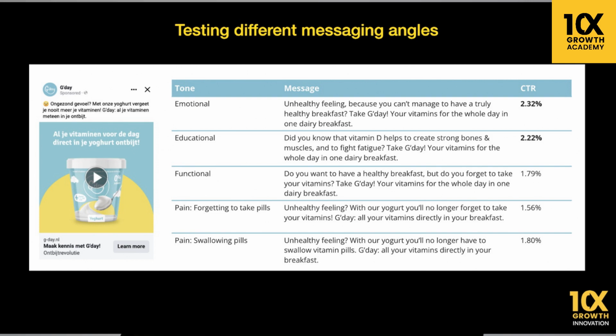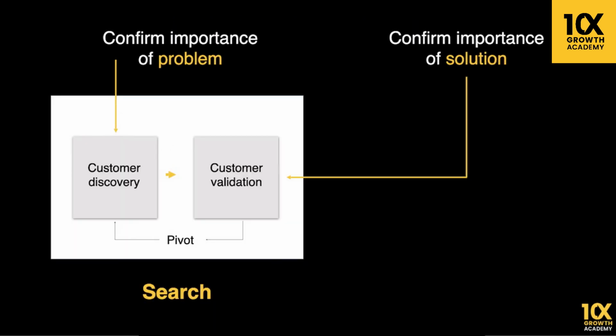So is an emotional connotation in your marketing message more appealing to the consumer, or is it more a functional explanation of the product? And we use the exact consumer language that we have found in the interviews to play it back to the consumer in their language through Facebook ads or YouTube movies, because we want to be as close to the consumer as possible, and in that way words matter a lot.